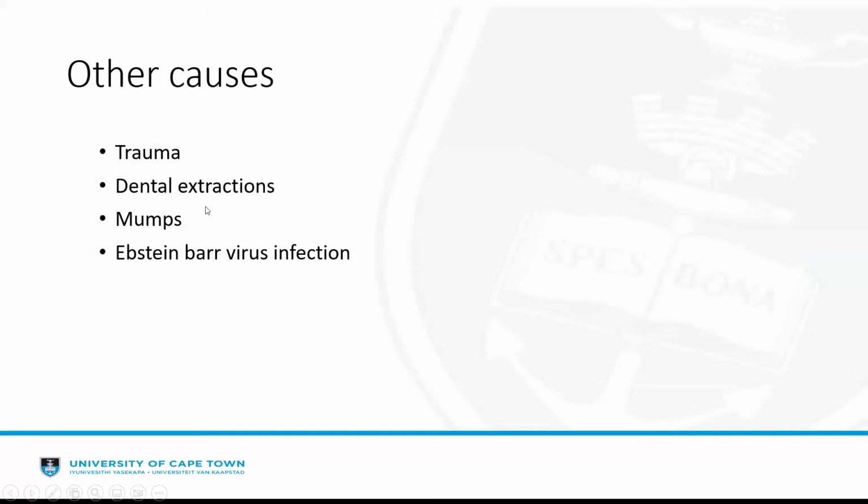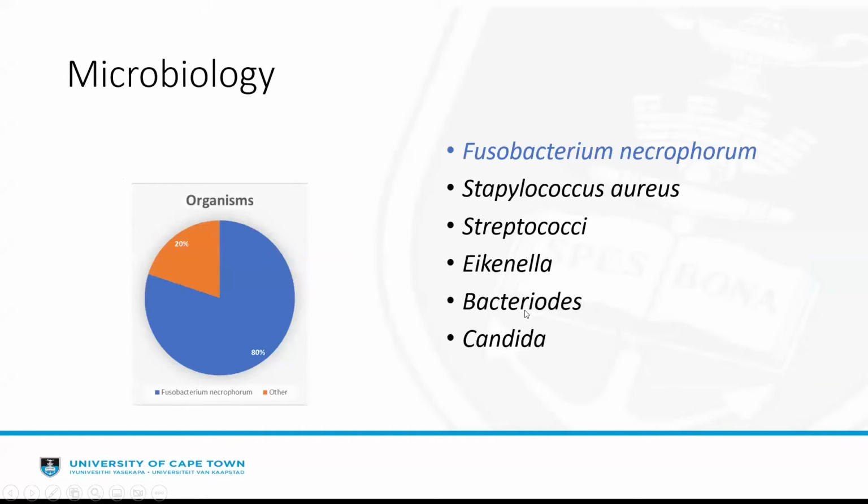Typical other causes that's been reported in literature is trauma-related, post-dental extractions, after mumps infections, and Epstein-Barr virus infections. Microbiology, typically it's the Fusobacterium necrophorum that causes the infection, but other bugs have also been isolated, like Staphylococcus aureus, Streptococcus, Eikenella, Bacteroides, Candida.